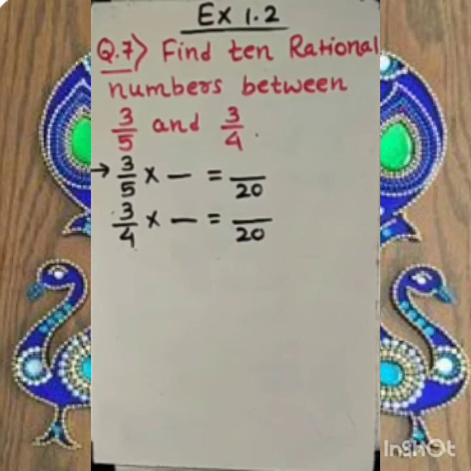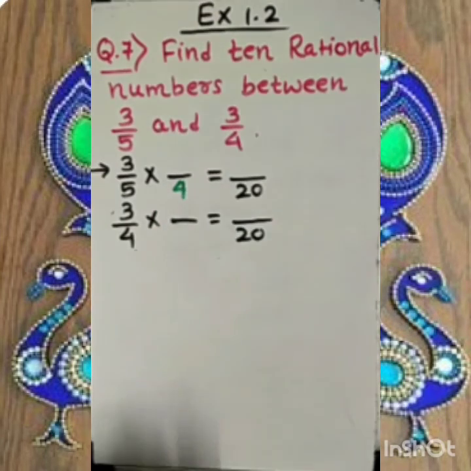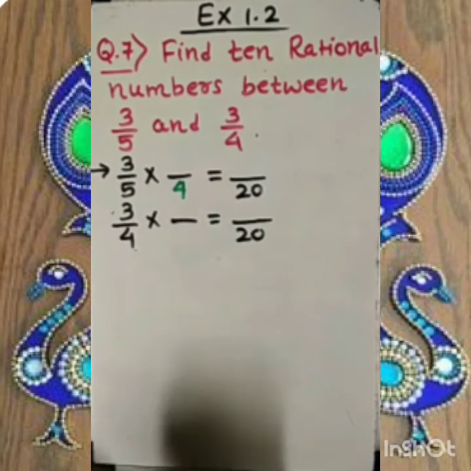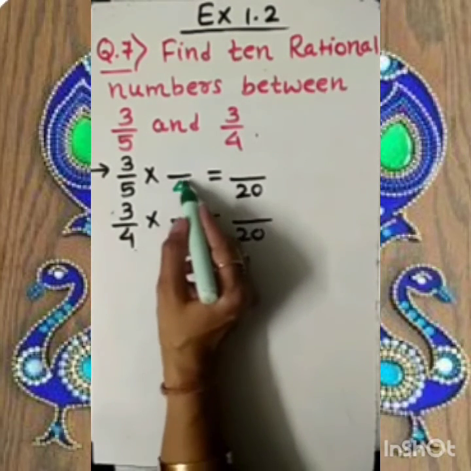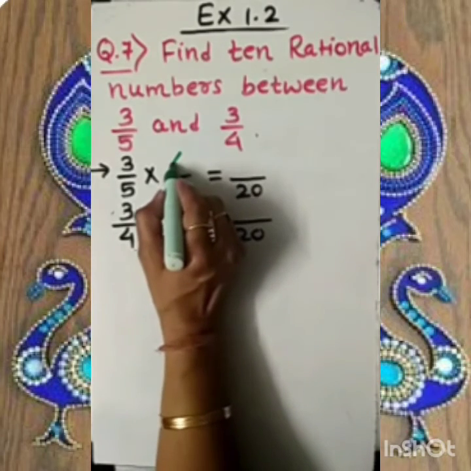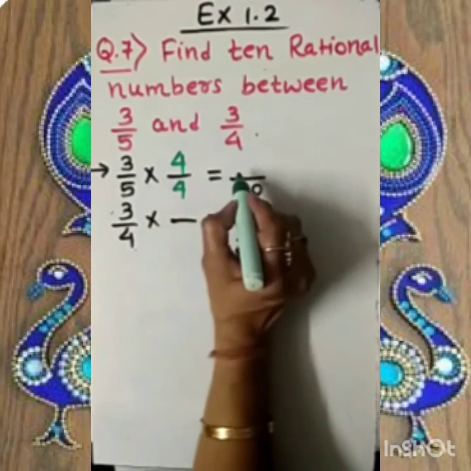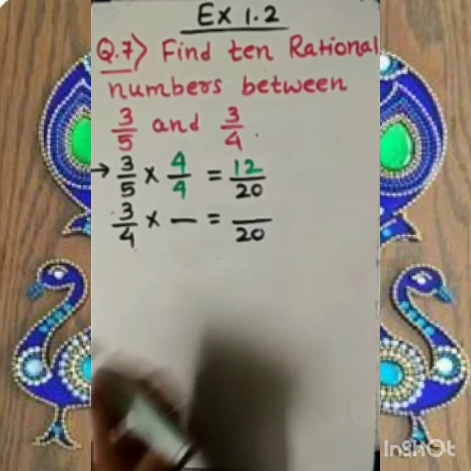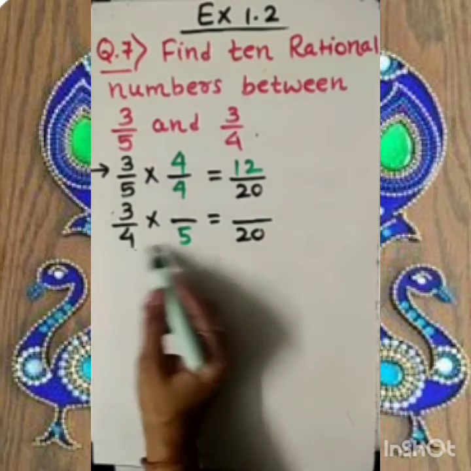So what to do? We need to multiply the denominator by 4 here. So we will have 5 4s are 20. Whatever number we multiply the denominator with, with the same number we have to multiply the numerator. So 3 4s are 12. Here it is 4, so I need to multiply with 5, because 4 5s are 20.